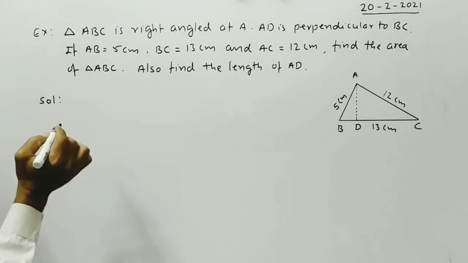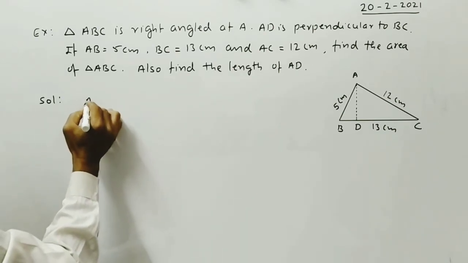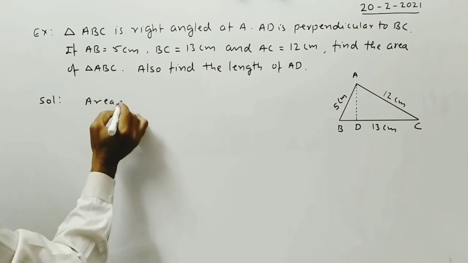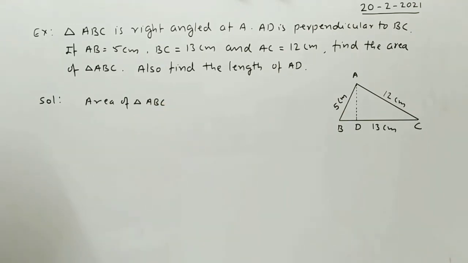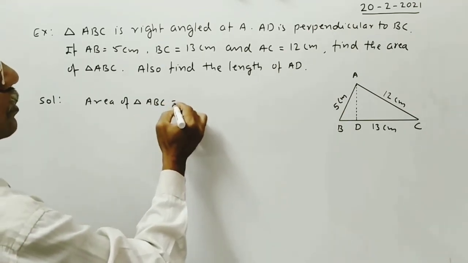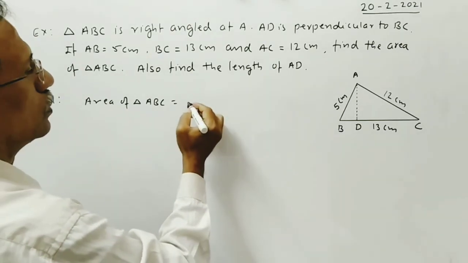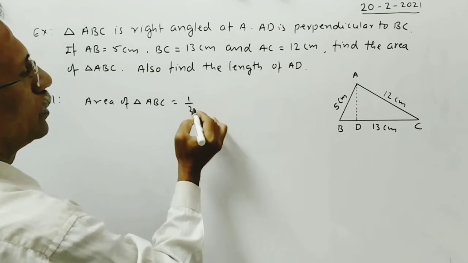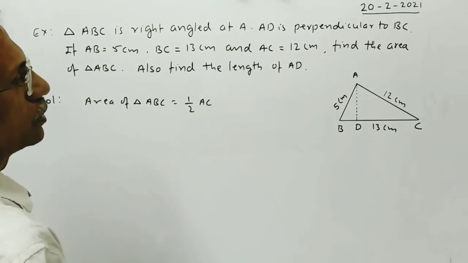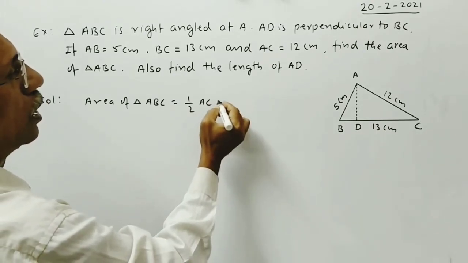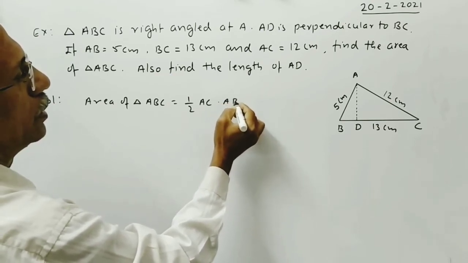Solution. Area of triangle ABC is equal to 1/2 into AC, we can consider as base, and altitude will be AB.